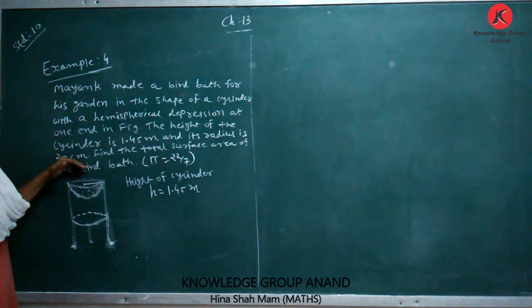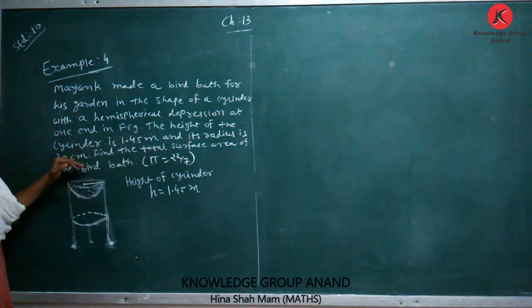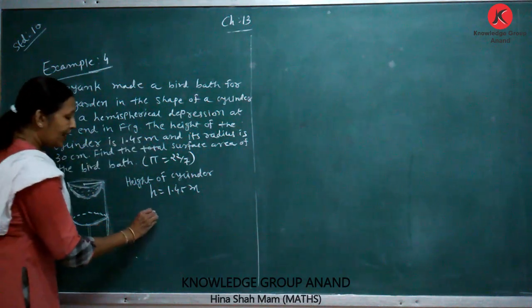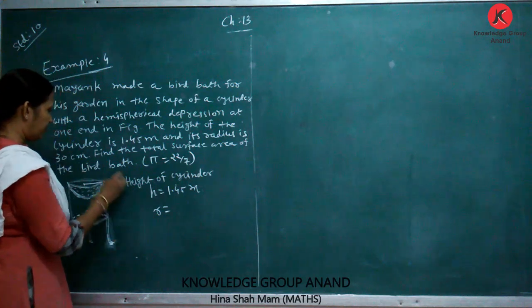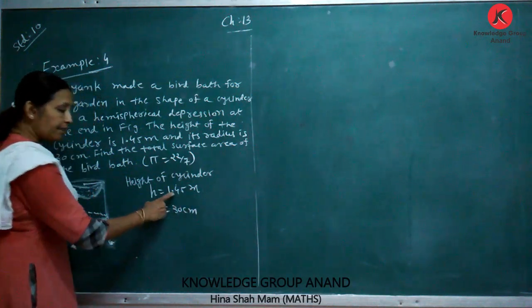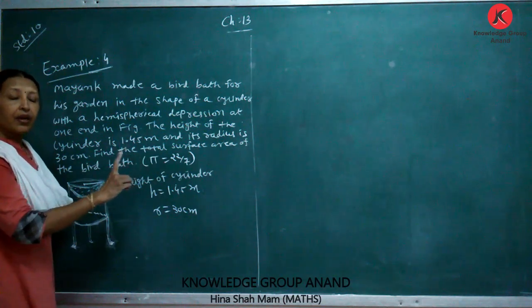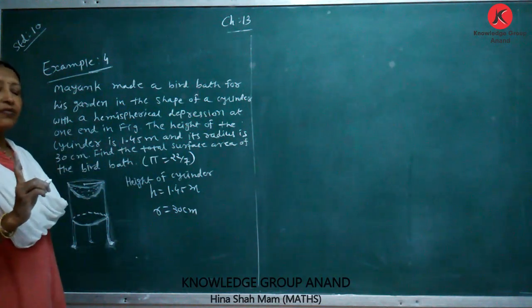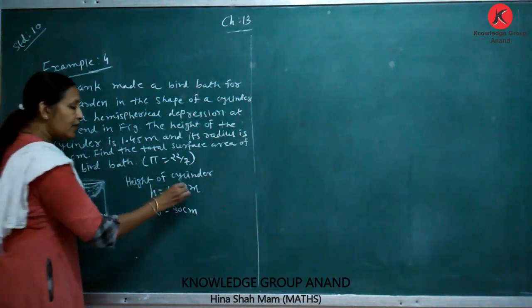In the question, height is in meter and radius is in centimeter. R is equal to 30 centimeter. Then we convert meter into centimeter. 1 meter is equal to 100 centimeter.